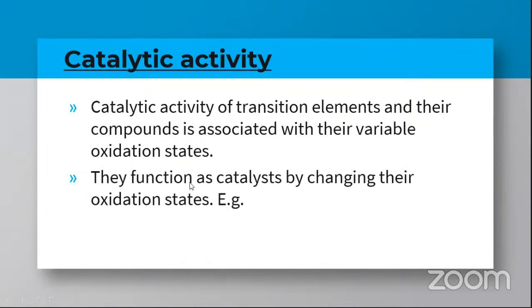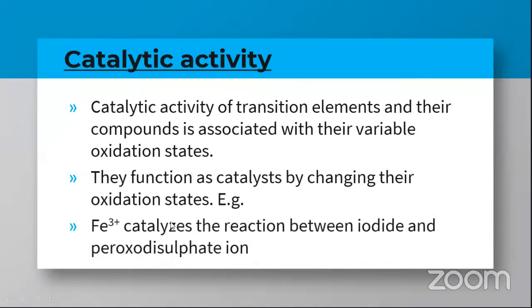They function as catalysts by changing their oxidation states. So in some oxidation states they don't behave as catalysts, but when they change, they start behaving as catalysts. For example, iron 3 catalyzes the reaction between iodide and peroxodisulfate ion, but iron 2 does not.